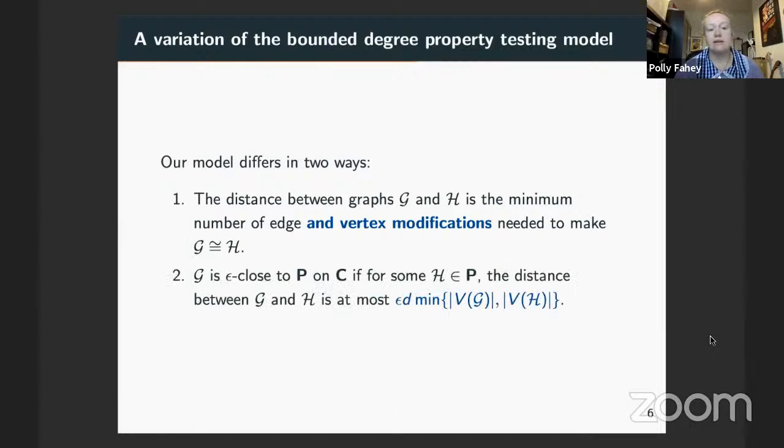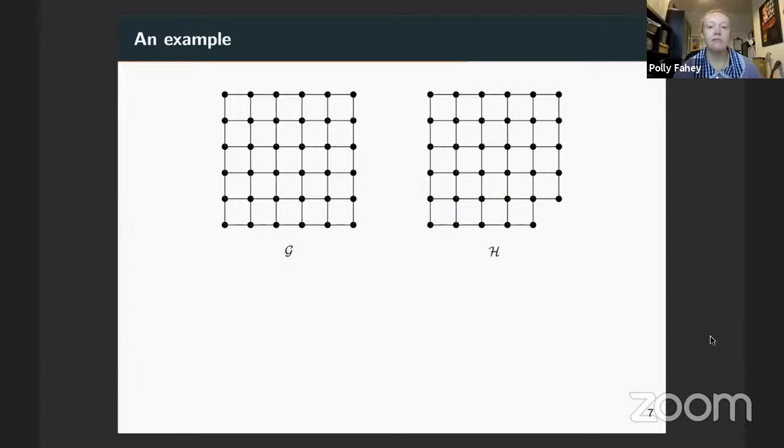And then secondly, we now say that G is epsilon close to the property P on input class C if there exists a graph H which has the property where the distance between G and H is at most epsilon times D times the minimum number of vertices in G and H. So let me just look at a quick example demonstrating the differences in this distance measure.